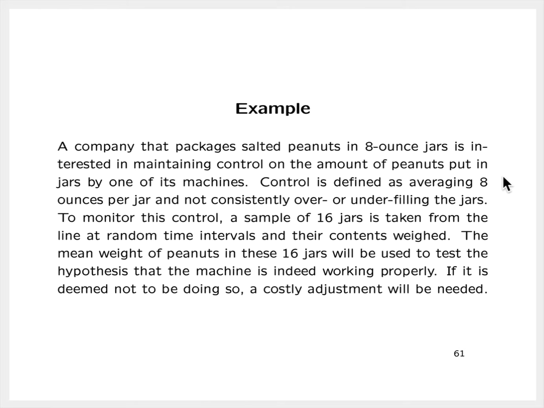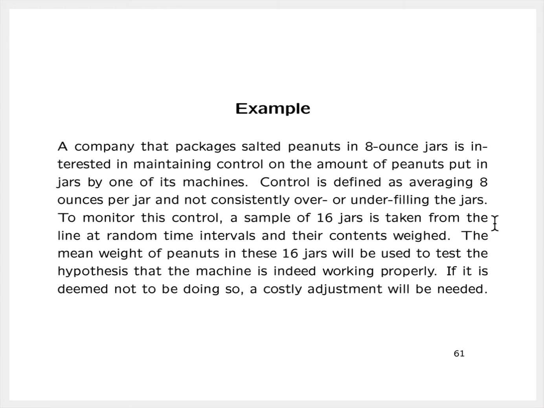And so right now, we're focusing on one population characteristic, the mean fill of peanuts being dispensed into jars, the population average weight of peanuts being dispensed. And so we're defining control in terms of that particular population characteristic, the average weight of peanuts being dispensed.